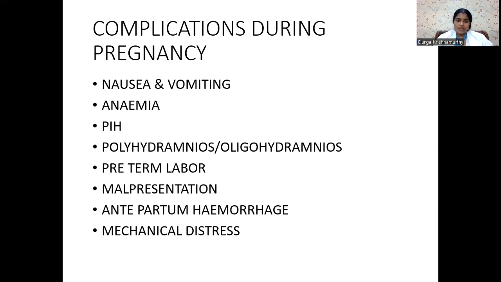Complications during pregnancy are excessive nausea and vomiting because of beta HCG, which is very increased, anemia because of the increased requirements, PIH, pregnancy-induced hypertension in 25% of the cases, polyhydramnios, oligohydramnios, both can exist, increased incidence of preterm labor because of the uterine distension and irritability, malpresentations are common, antepartum hemorrhage, mechanical distress to the mother because of the growing uterus, compromising the movement of the diaphragm and decreasing the functional residual capacity of the woman.